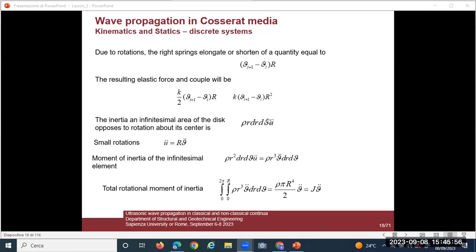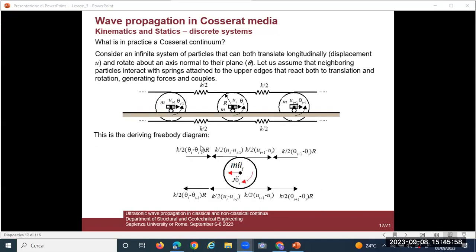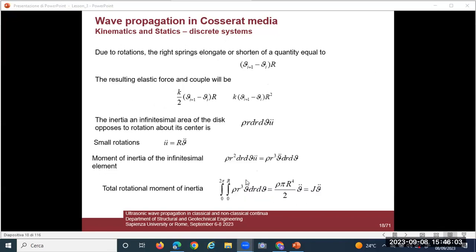So what is the value of inertia in the case of the rotation balance? Let's give it a look.